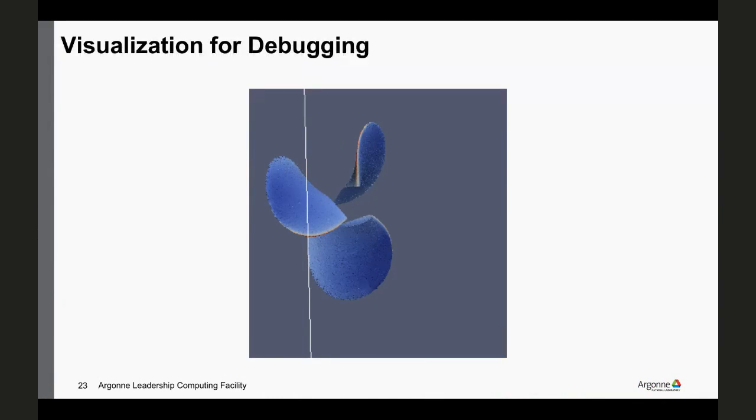Right. And so as you can imagine, if that front propeller's not there and there's fluid moving from right to left, it's going to have a completely different behavior than if both propellers were there. Right. So they weren't getting the result they were expecting, but they didn't understand why. But by doing this visualization, it alerted them to the fact that, oh, something's wrong in the code.